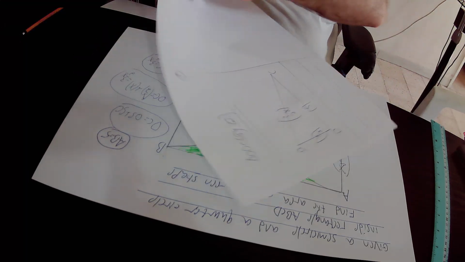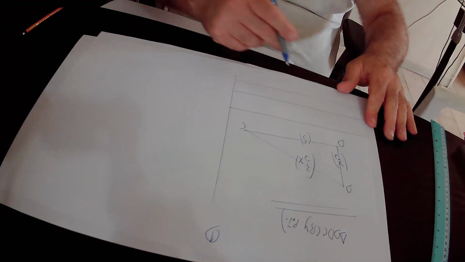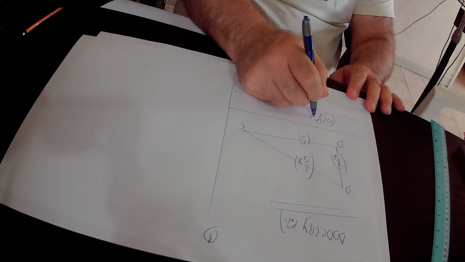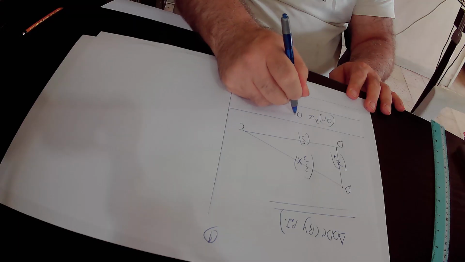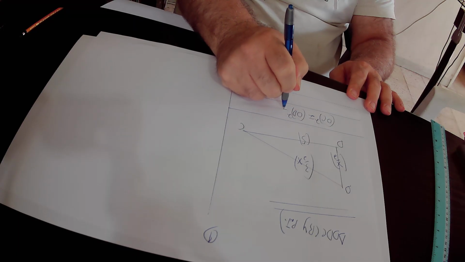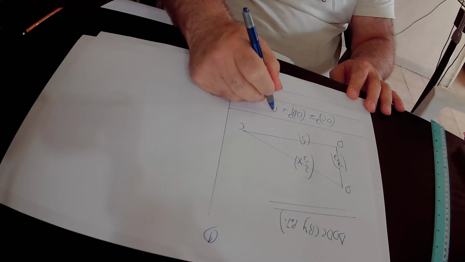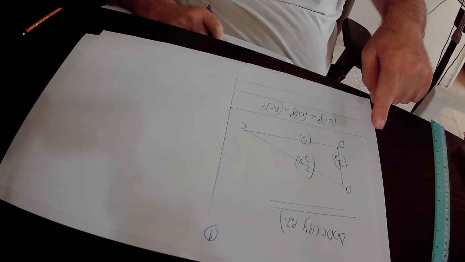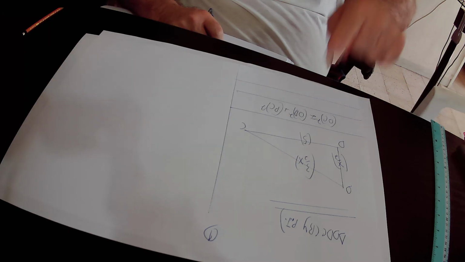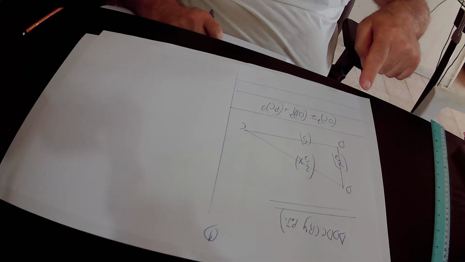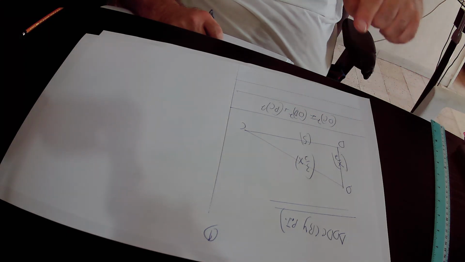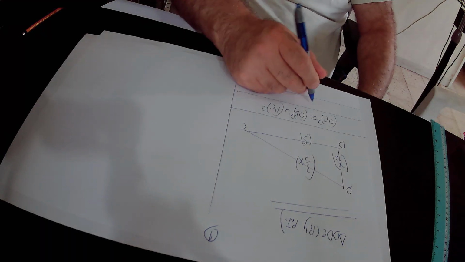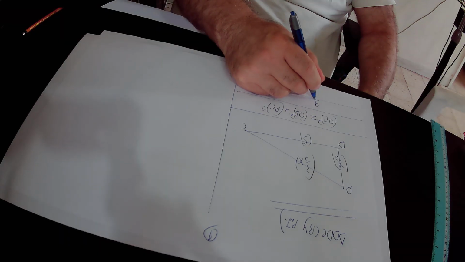So I write it now. OC squared, that is the square of the hypotenuse, equals OD squared plus DC squared. The length of the hypotenuse OC is 3 over 2 times x, therefore OC squared will be equal to 9/4 times x squared.